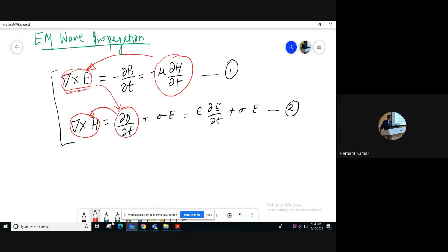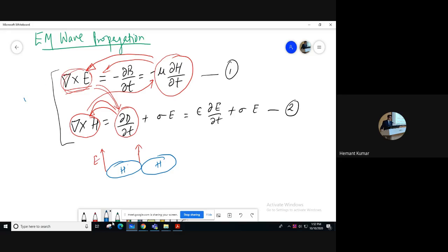So if this magnetic field is time varying, it will produce an electric field. If this electric field is time varying, it will produce a magnetic field. In this way, electric field will produce magnetic field, magnetic field will produce electric field, again electric field will produce magnetic field. So in this way the wave will propagate.